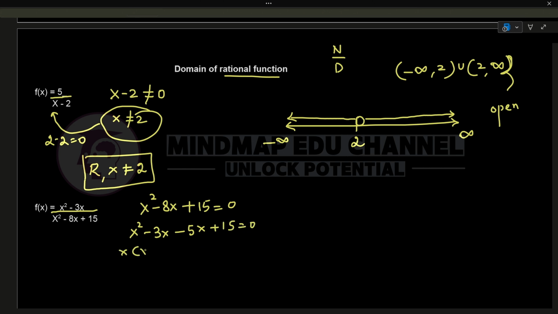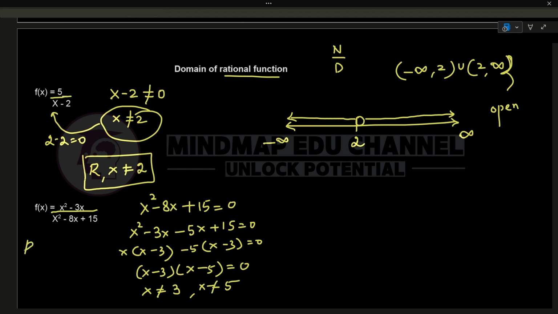So, here it will be x minus 3 and x minus 5. So, we have two factors, x minus 3 and x minus 5. Now, from here, we know that x cannot take the value of 3 and x cannot take the value of 5.